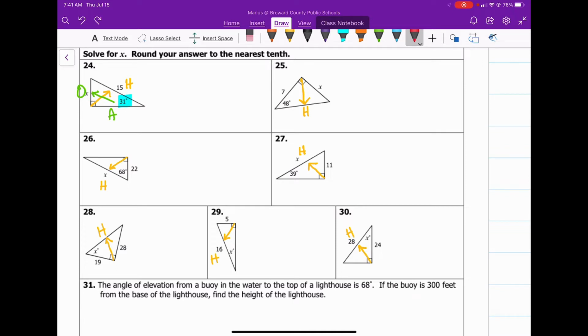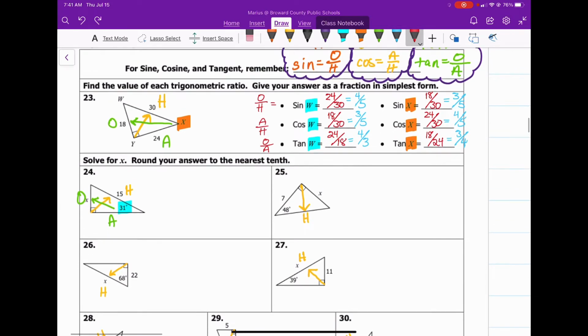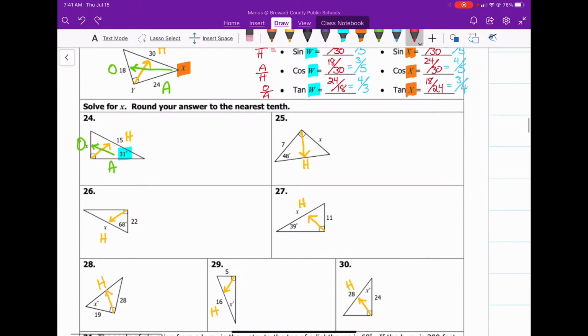Now, if we remember, we go back up here, which one of our trig functions uses the opposite and the hypotenuse? That would be sine. So for this example here, we're going to be using sine is equal to opposite over hypotenuse. Now, sine of the angle. So we need to do sine of 31 degrees is equal to X over 15, okay?